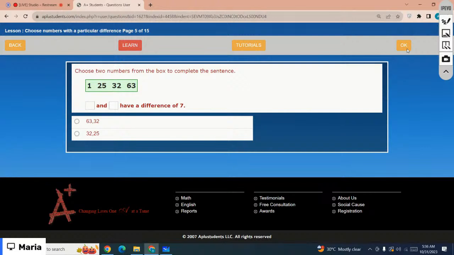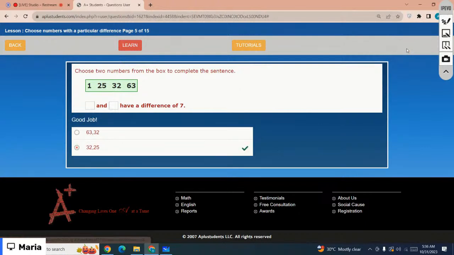The correct option is, very good. 32 minus 25 makes a difference of 7. Got it?